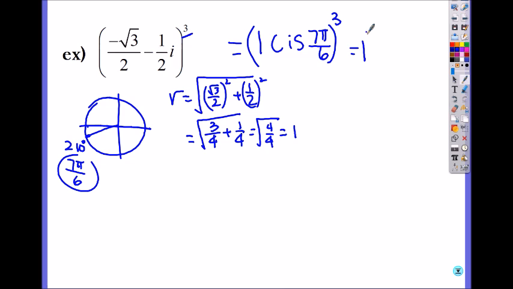It's 1 to the third. Raise it to the n. Cis, and now what do you do with 7 pi over 6? You multiply by n, which is 3. So that is 1 cis 7 pi over 2.